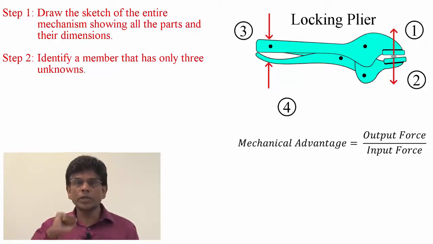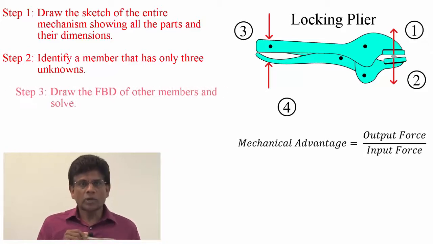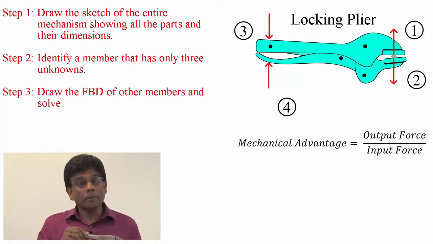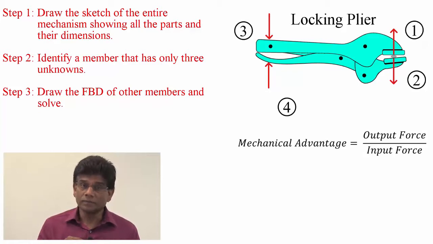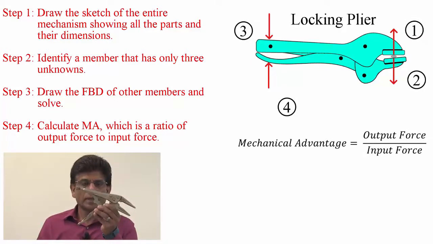Remember, this is a 2D rigid body problem, so you will have 3 equations and you can solve for 3 unknowns. Step 3, draw the free body diagram of other members and solve. Finally, step 4, calculate the mechanical advantage, which is a ratio of the output force to the input force. We will now solve this locking plier problem in the next video.